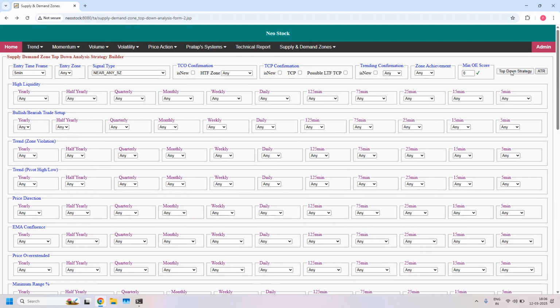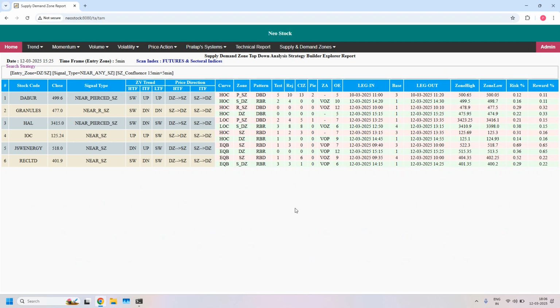With this filter, we got 6 stocks. Out of 6, first one and third one are pierced supply zones. You can't use them. Okay, this is about stocks near demand and supply zones.